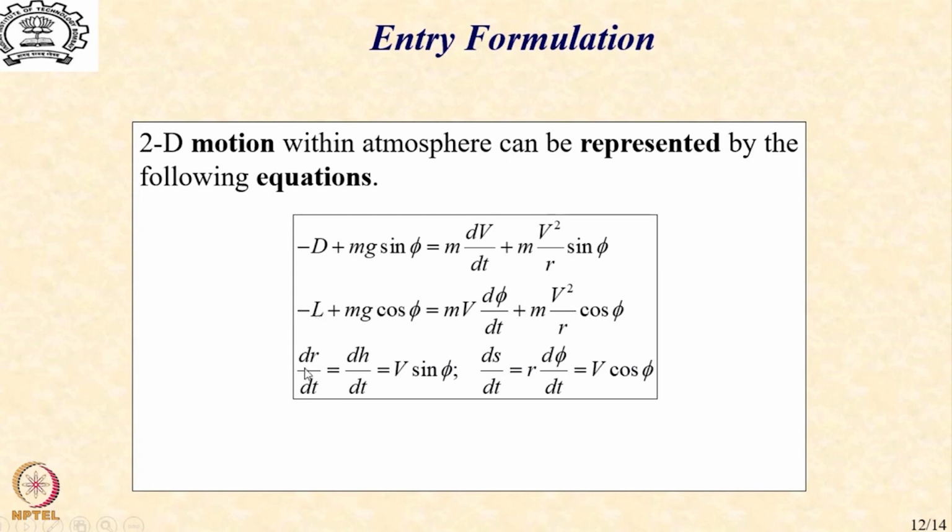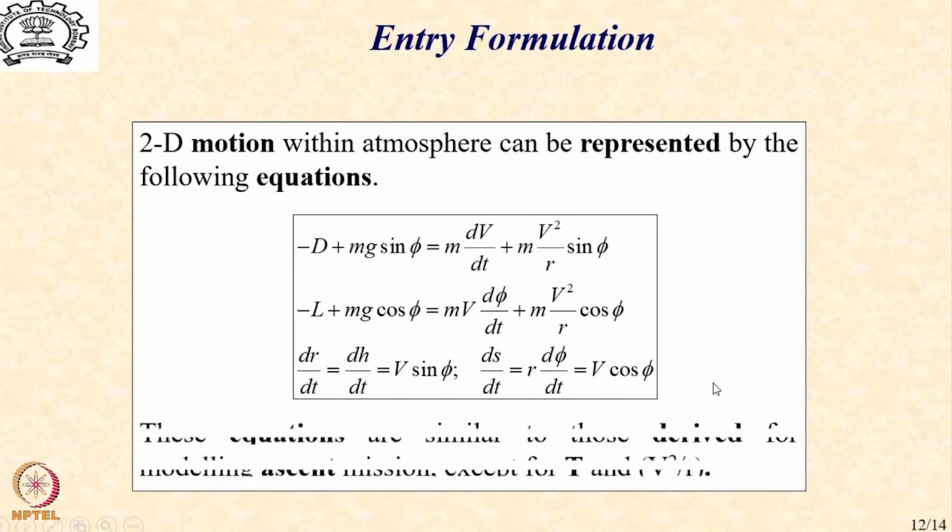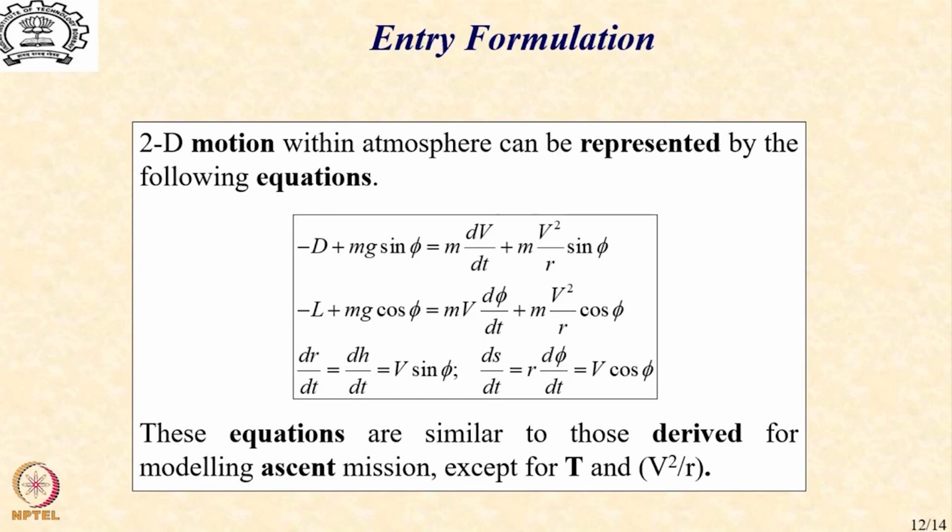Of course, similar to our ascent mission, we also have dr by dt, the kinematic equation, which is same as dh by dt, as v sine phi, and then we have ds by dt, which is another kinematic equation, as v cos phi. So we realize that these equations are similar to those that we derived for modeling ascent mission, except two quantities, that thrust is missing, and in its place we now have the centrifugal force term.